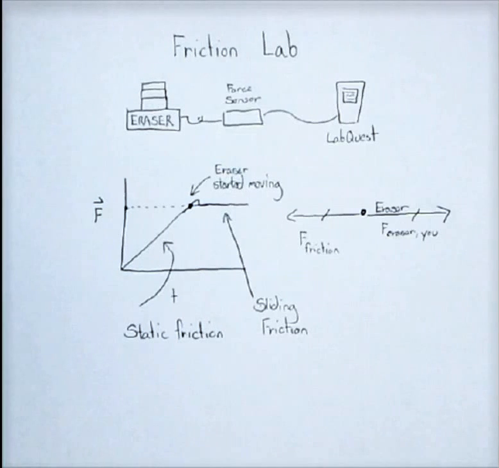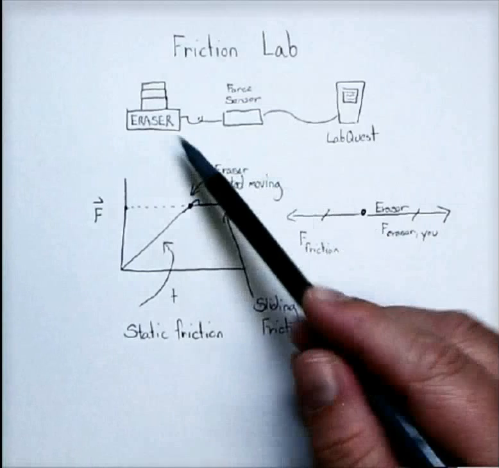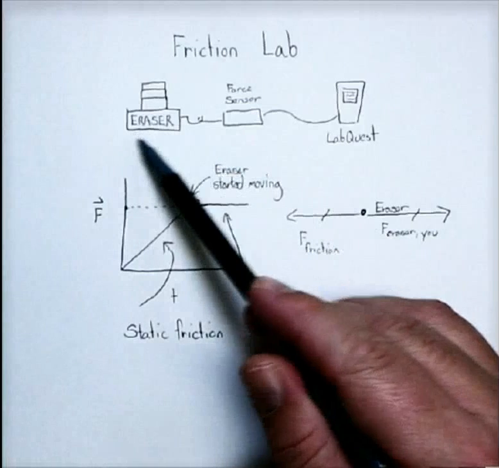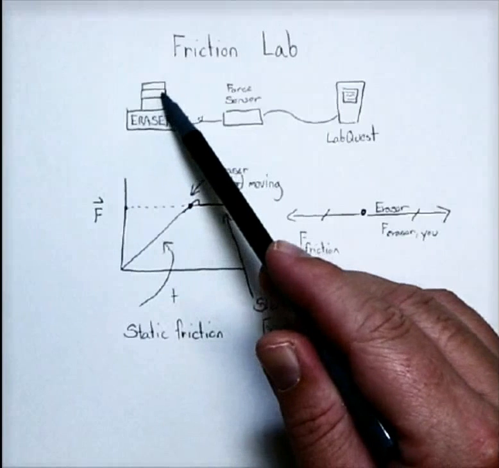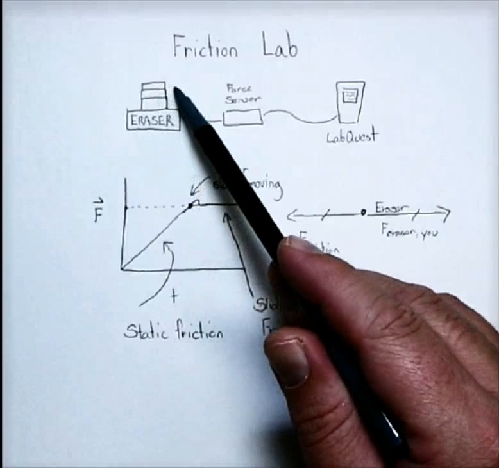So that's one of the things you should have seen. Now, next up, for the same surface, so we didn't change the type of surface, we just changed the amount of mass on there.